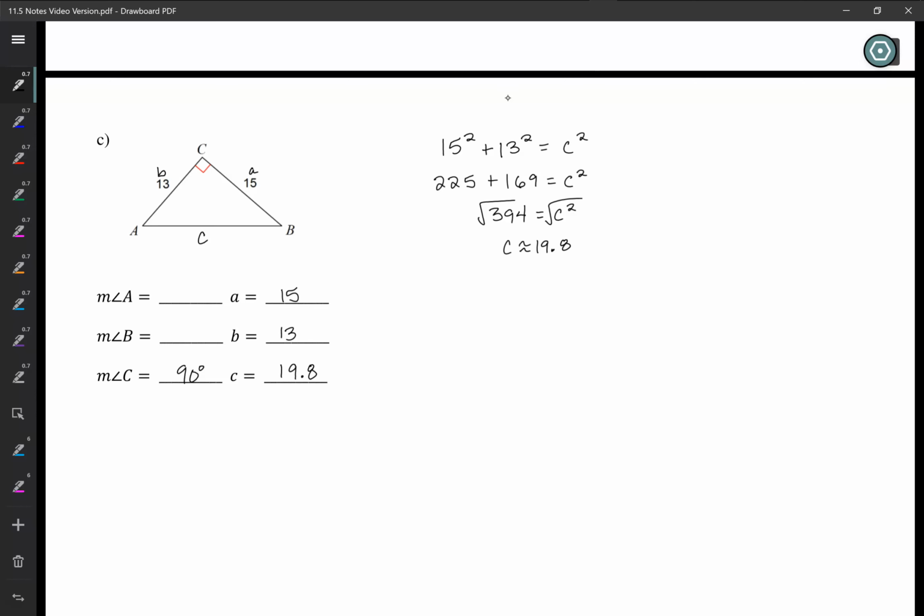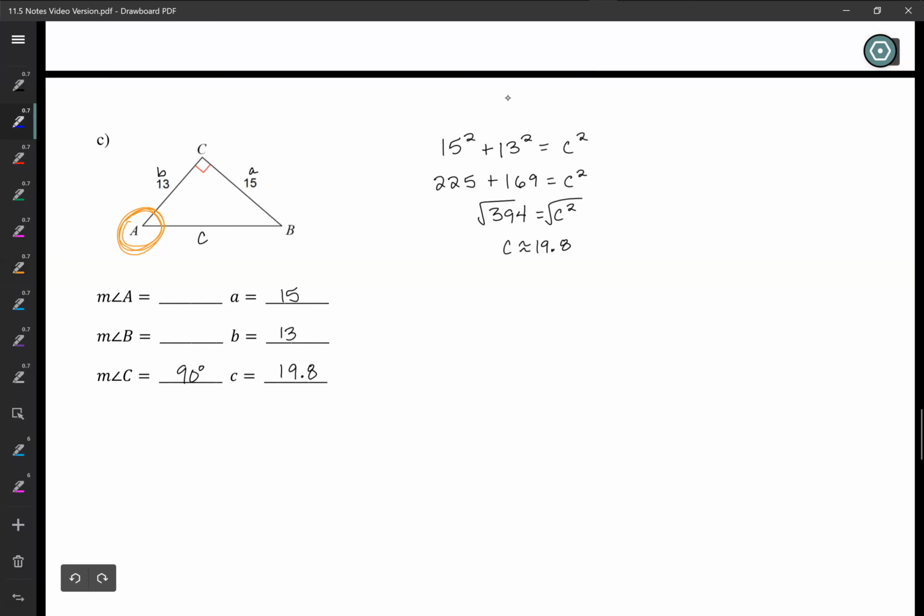Now, to find the angles, you need to decide which angle you are finding, and it's a really good idea to circle it so you don't get opposite and adjacent mixed up. So I am going to find angle A first because I'm really unoriginal and I like to go in alphabetical order.